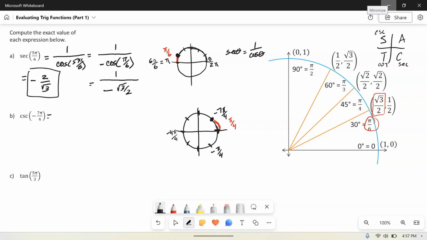relationship between cosecant and either sine or cosine. Well, I know that cosecant of theta is equal to 1 over sine. So cosecant and sine are reciprocals of each other. So I could rewrite cosecant of negative 7 pi over 4 as 1 over the sine of negative 7 pi over 4.